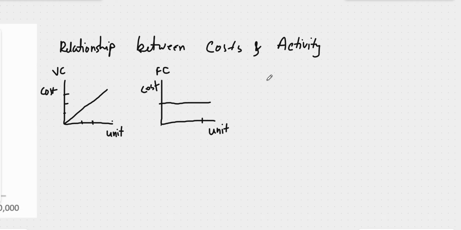Now, another thing is mixed cost. Mixed cost means that in this type of cost, you are going to have both variable and fixed cost. So it starts with a fixed cost and then it varies according to the number of units. And we call it mixed cost.